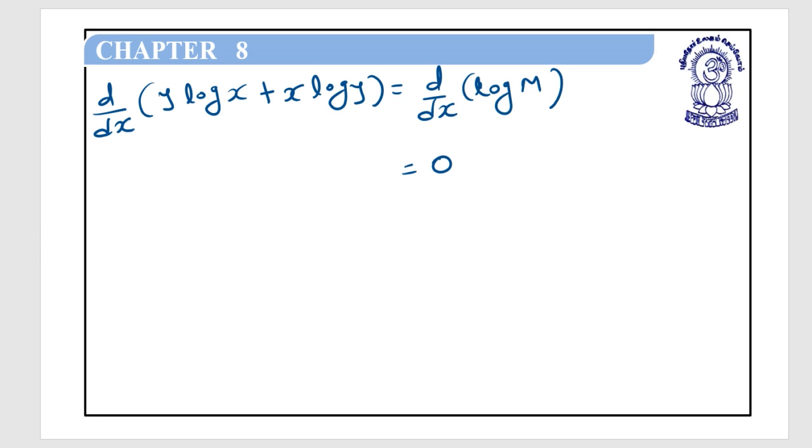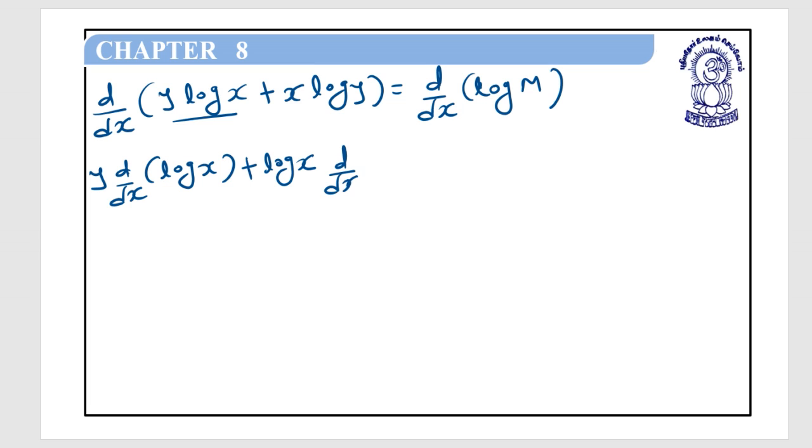So here, y log x is a product term, so use the u into v formula, d by dx of u into v formula. So y as it is, d by dx of log x, plus log x as it is, d by dx of y.